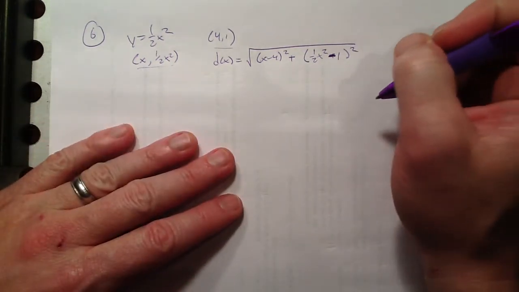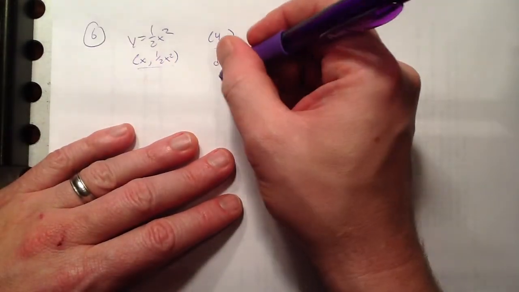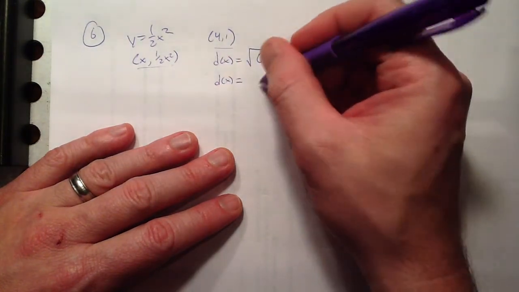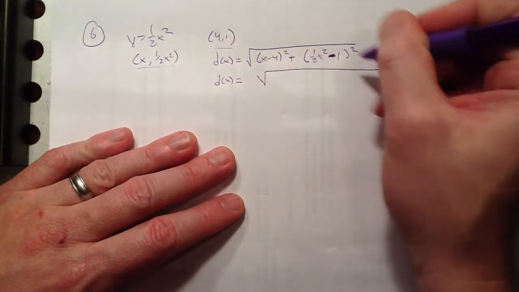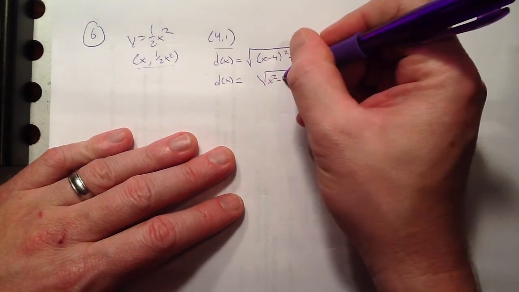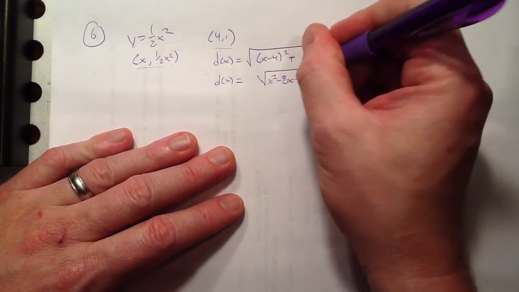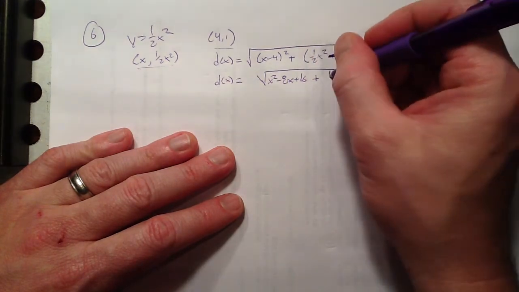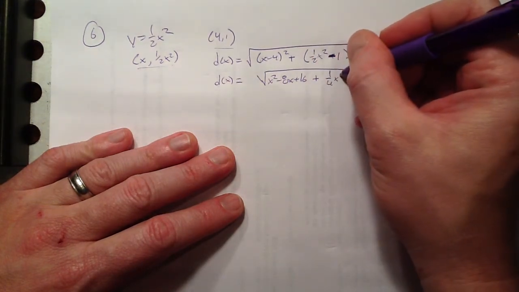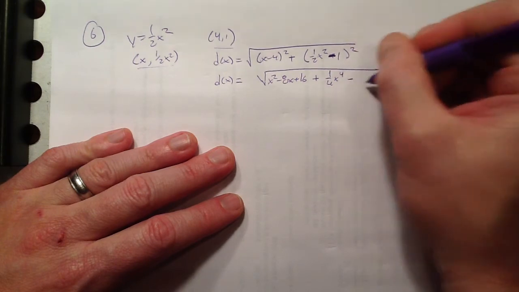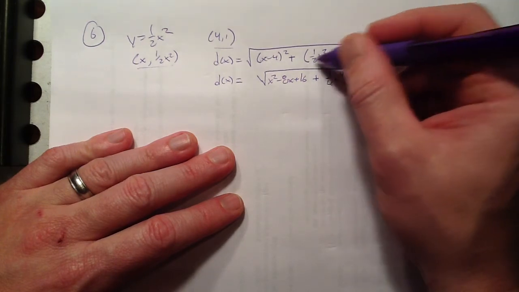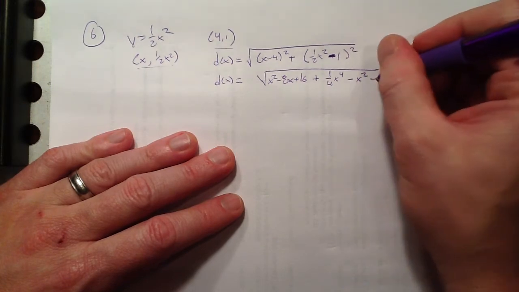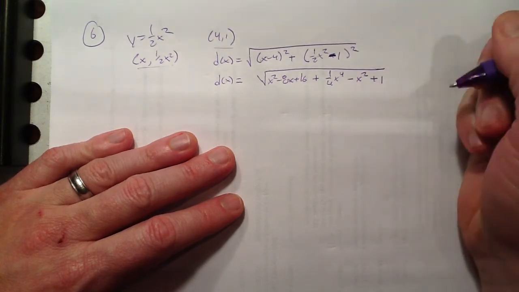And let's simplify that first. I think it's going to be easier in the end if we do that. So that's the square root of x squared minus 8x plus 16 plus, foiling this out, 1/4 x to the 4th minus, I get a couple of negative 1/2, so that's minus x squared plus 1.